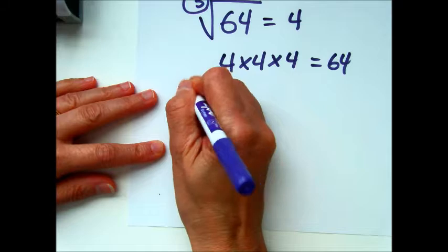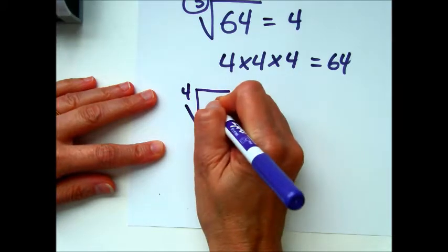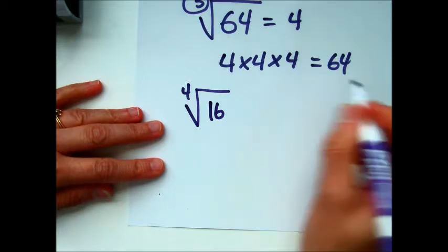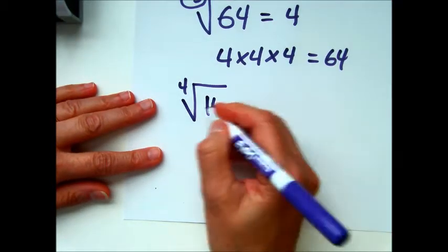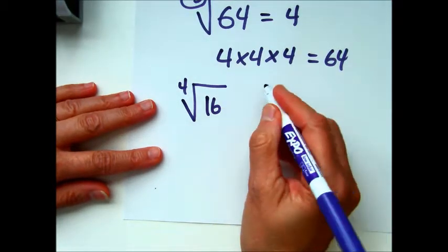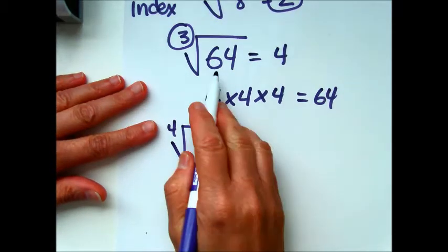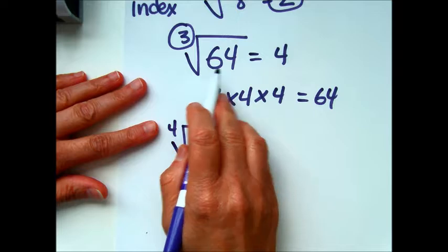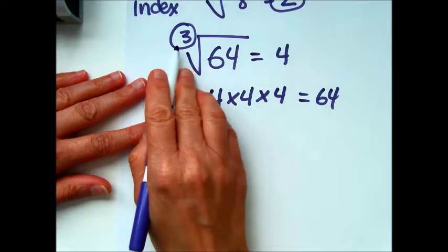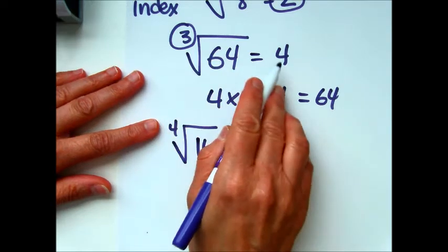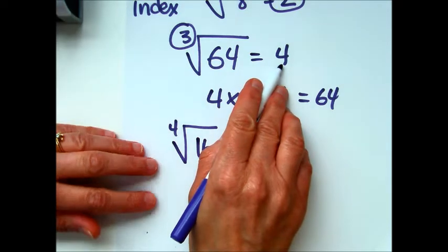Say we have the 4th root of 16. And it's going to be a small number because, notice, even though in this one here 64 is a large number, because we're multiplying the base 3 times, the answer has to be a relatively small number.